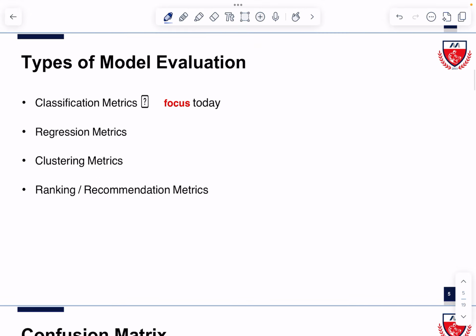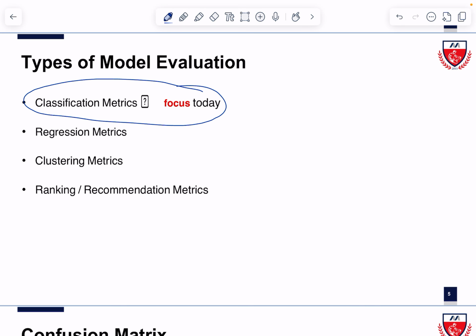So our focus for today would be the classification metrics. Maybe in your data science class, you have already talked about some clustering and regression metrics.